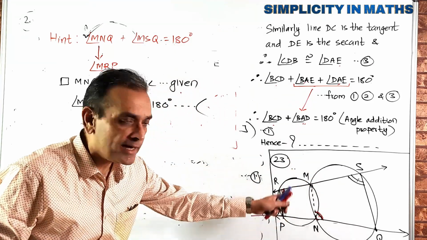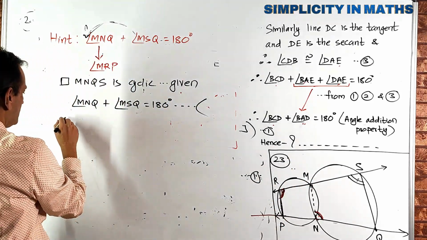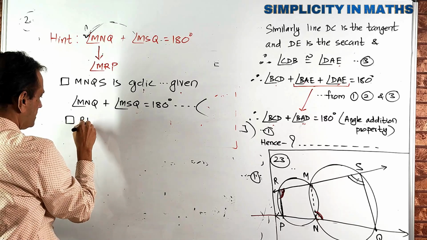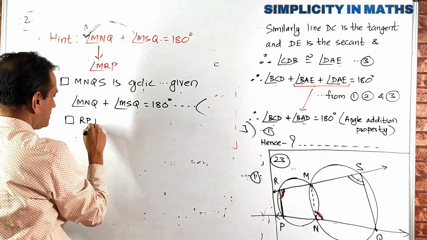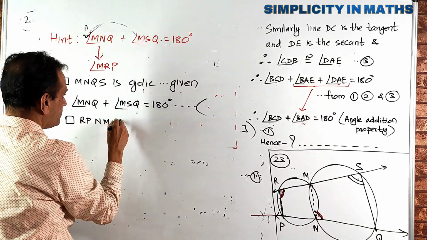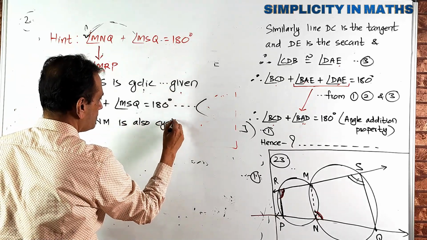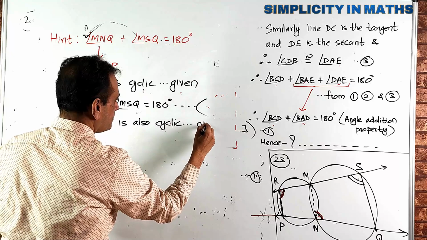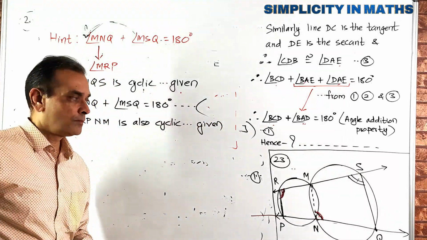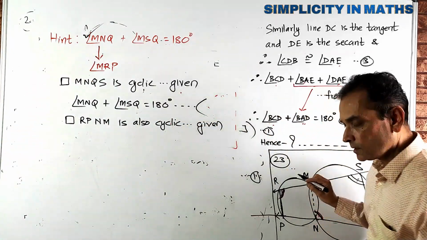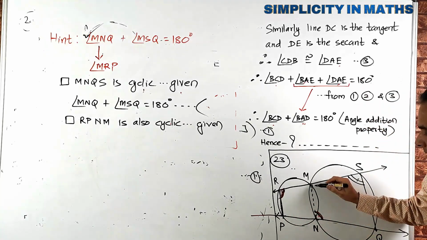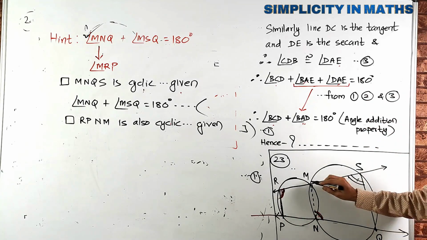Quadrilateral RPNM is also cyclic. Given. So the बाहर का एंगल MNQ congruent to angle MRP.